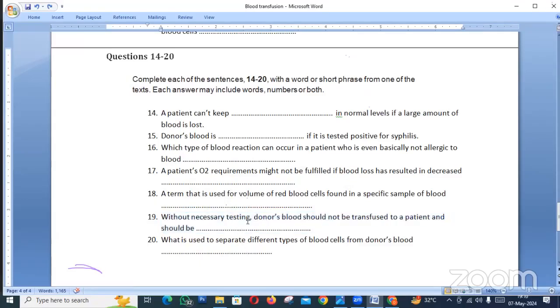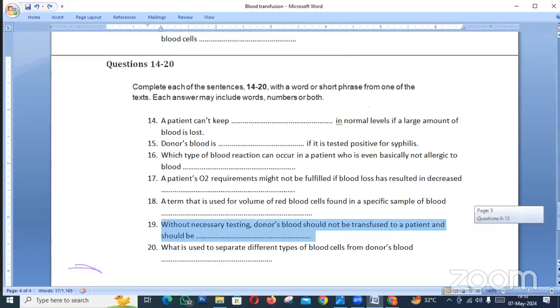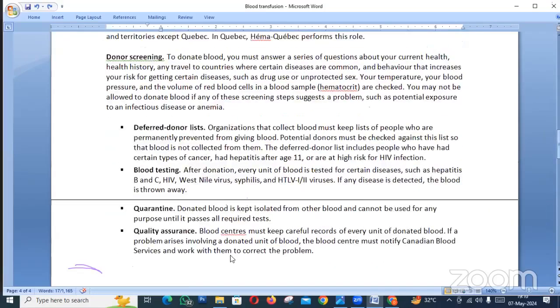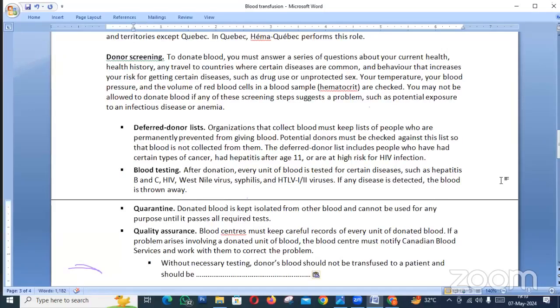Without necessary testing, donor's blood should not be transfused to a patient and should be... So in which text is it possible to find the answer? D. You know it's D, very good. So try to find here, please, if you can find the answer here. Where are they talking about testing?